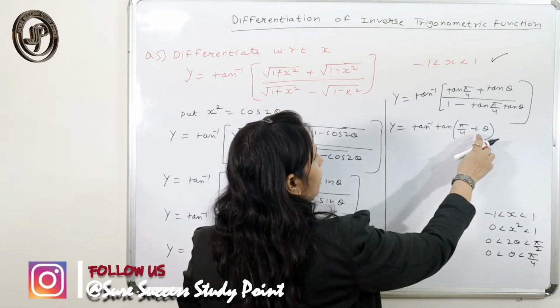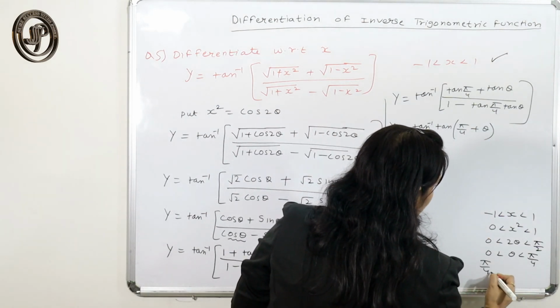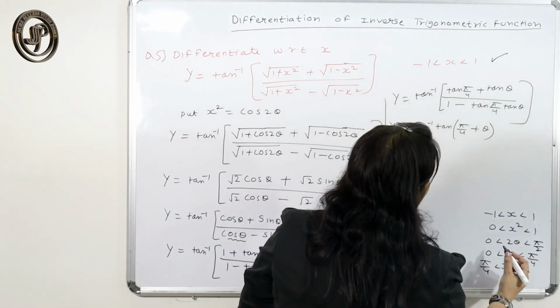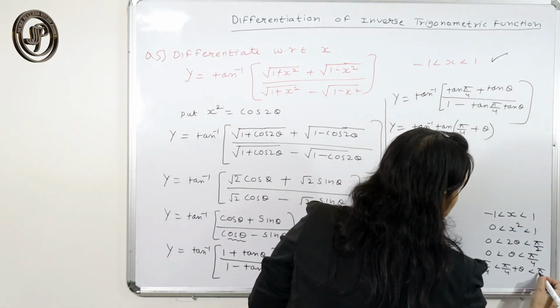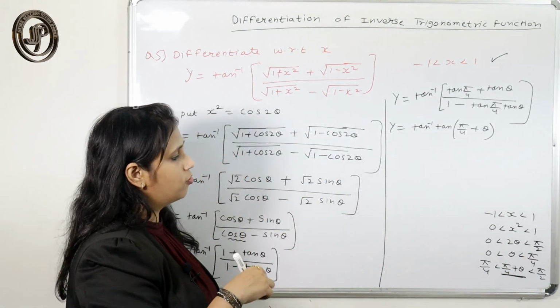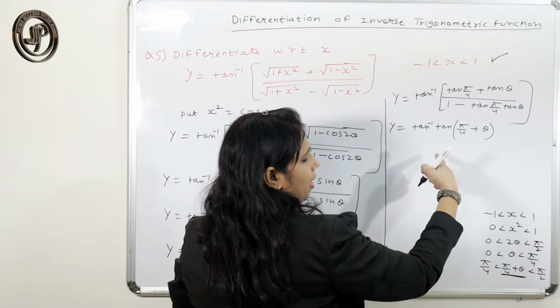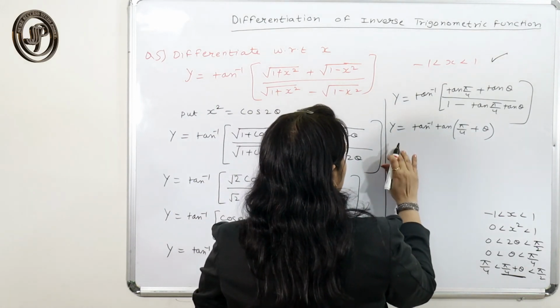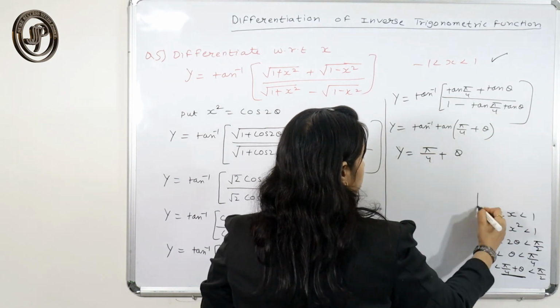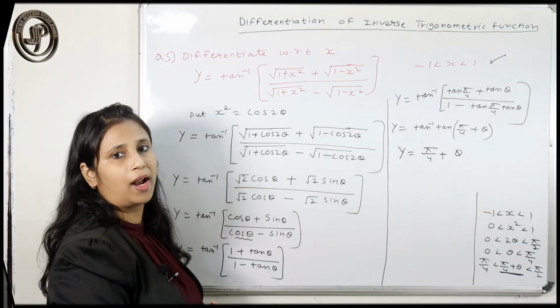But I have to find pi by 4 plus theta. So your angle lies between pi by 4 and pi by 2, that is under the range of the tan inverse function. So you can write this as pi by 4 plus theta, and you have to show this in your answer.